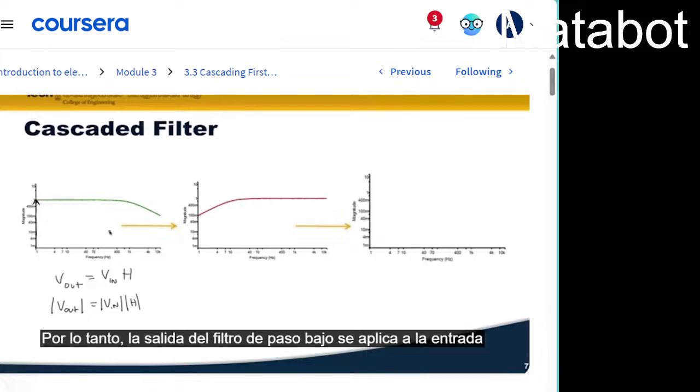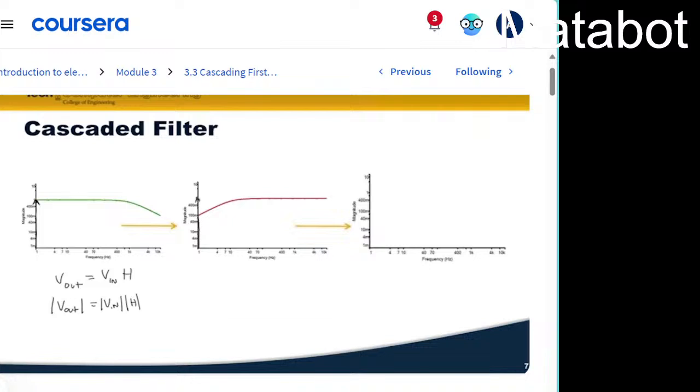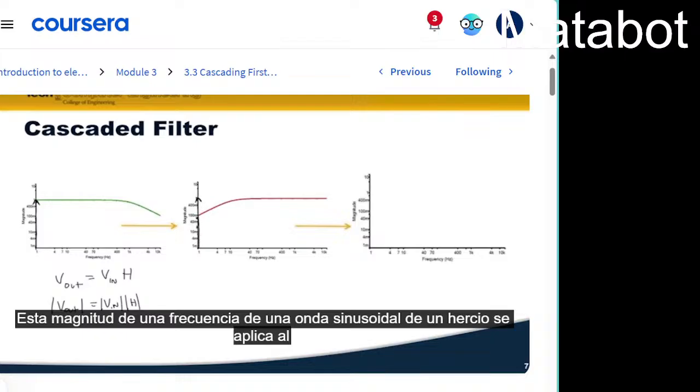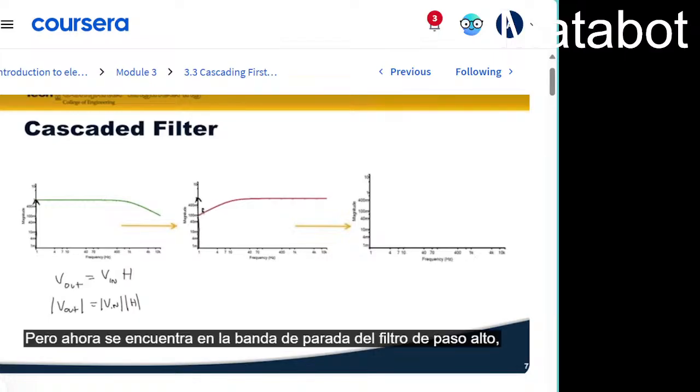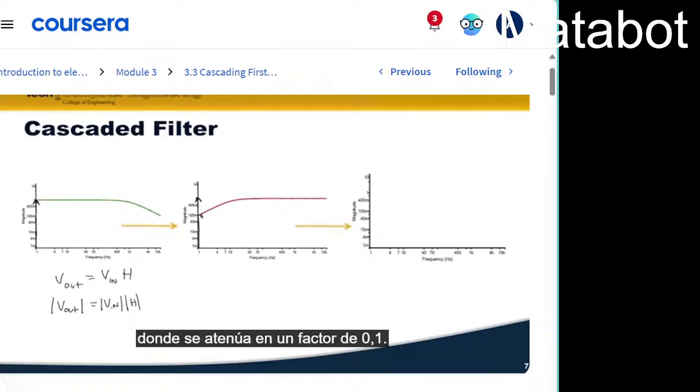So the output of the low-pass filter is applied to the input of the high-pass filter. This magnitude of 1, frequency of 1 Hz sine wave is applied to the high-pass filter, but it's now in the stop band of the high-pass filter where it's attenuated by a factor of 0.1. So at the output of the high-pass filter, we have a sine wave of amplitude 0.1 and frequency 1.